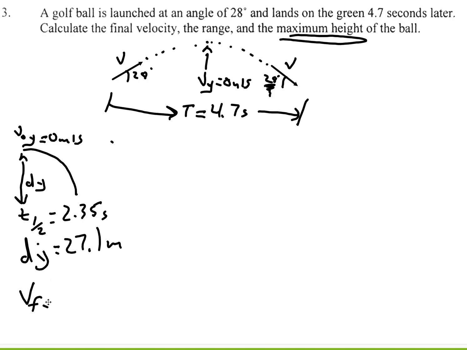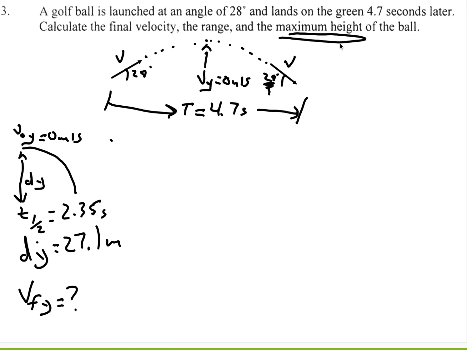Well, in order to find Vf, you guys, I'm going to find Vfy before that. And here's why. Because I know that Vf is going to form a triangle where I'll have a component that's in the x direction and one that's in the y direction.